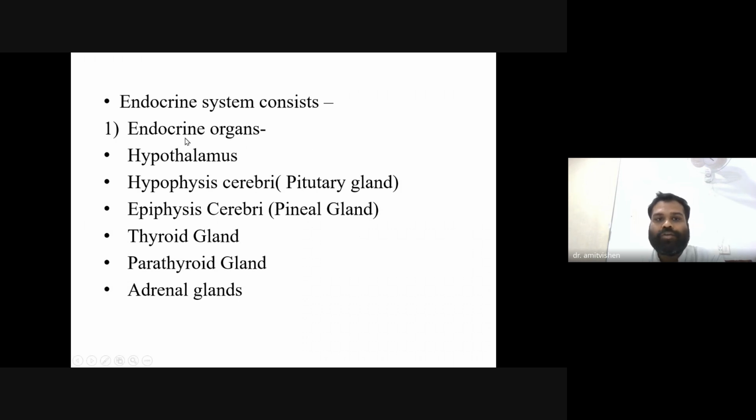So basically, the endocrine organs are the hypothalamus, hypophysis cerebri, also known as the pituitary gland, and epiphysis cerebri, also known as the pineal gland, because it is present on the dorsal surface of the cerebrum, in between the cerebrum and cerebellum. Then the thyroid gland, parathyroid gland, and adrenal glands. Guys, these are the basic endocrine glands that secrete the hormones.